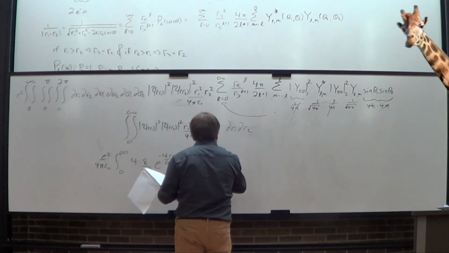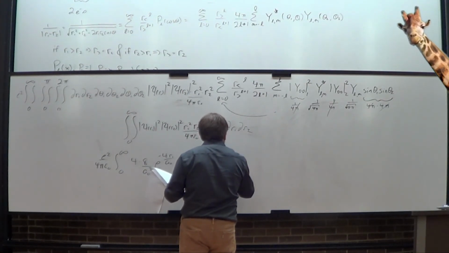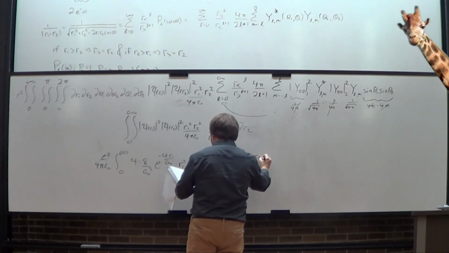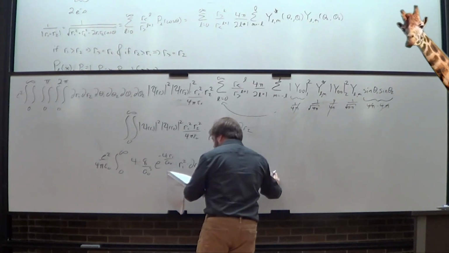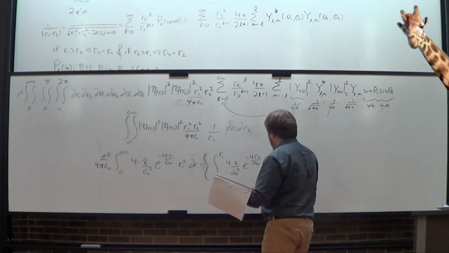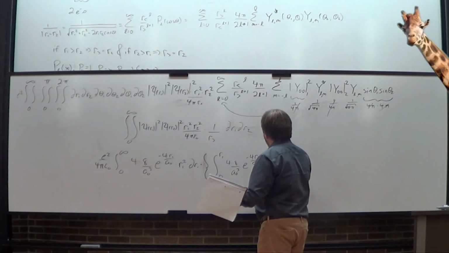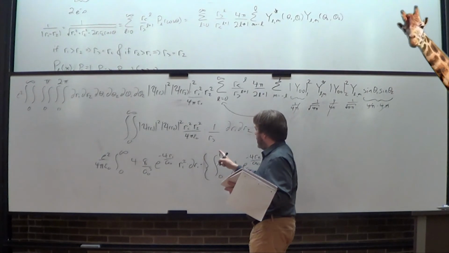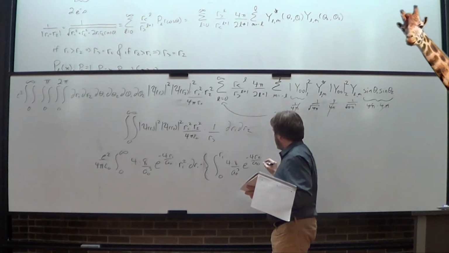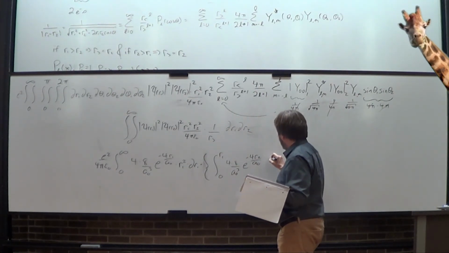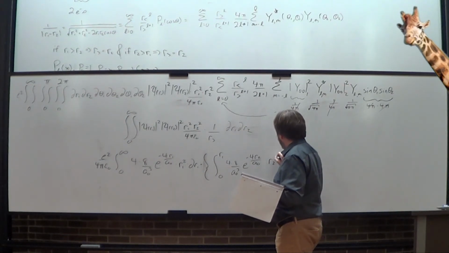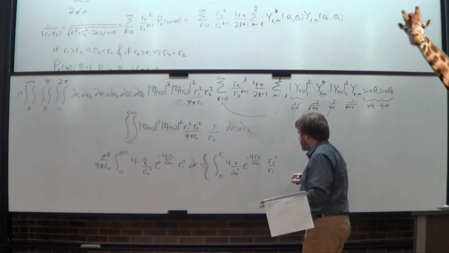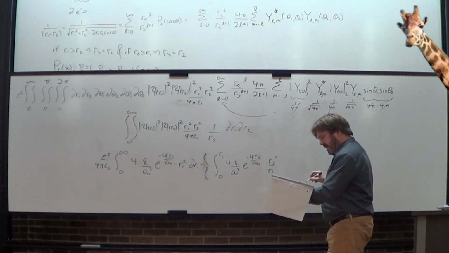Okay, same normalization, 8 over a naught to the 3rd, e to the minus 4 R2 over a naught. R2 is always less than R1, so 2 squared over R1, and I think that's it.